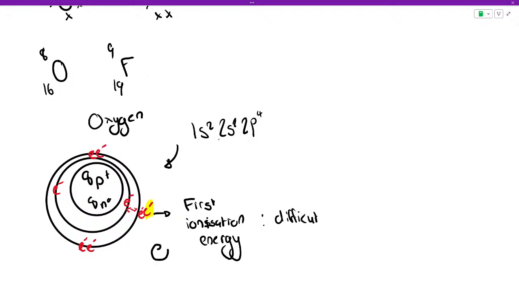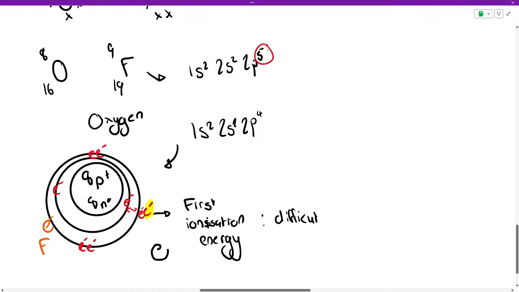But if we compare that to fluorine, for example, which is 1s2, 2s2, 2p5. All that's different is that if I look at my oxygen model, there's another electron here for fluorine. So now we're removing it from an orbital with a single spinning electron, not two.